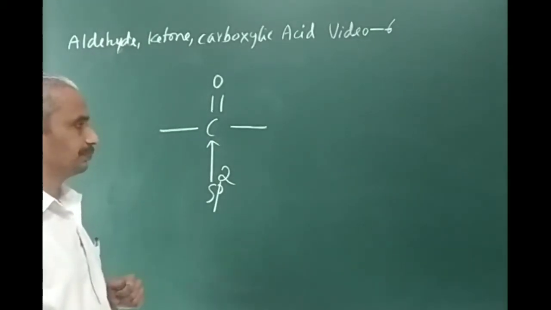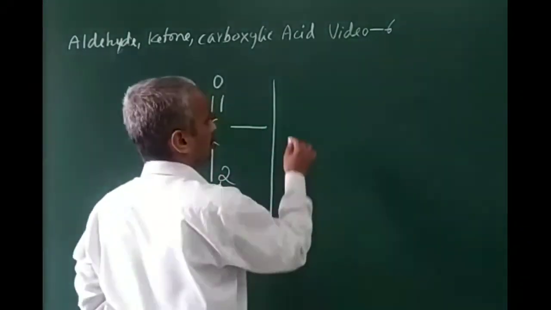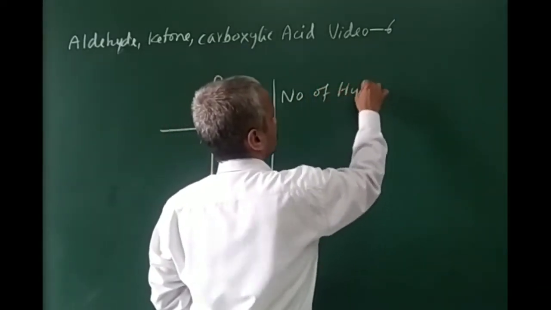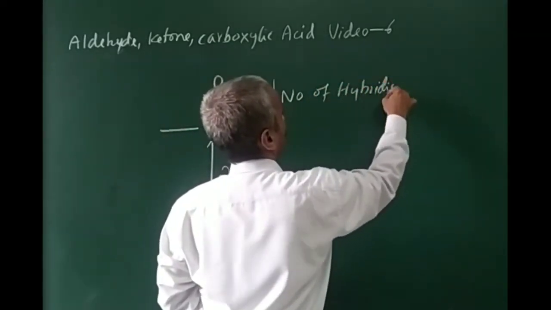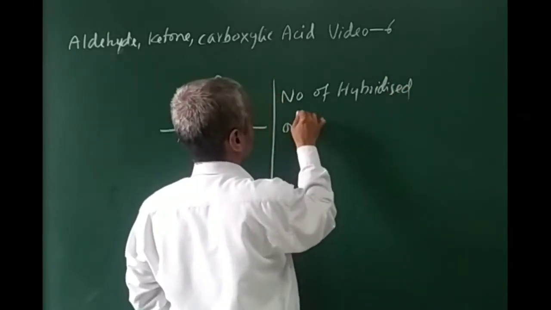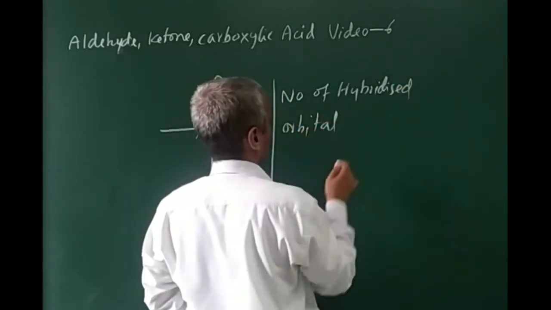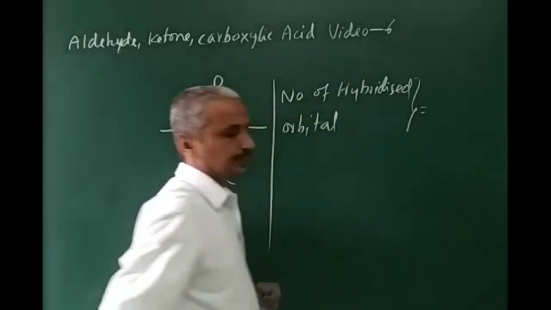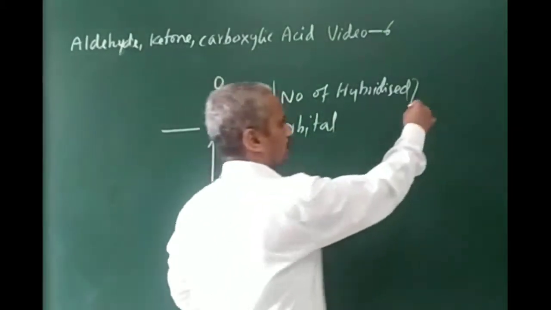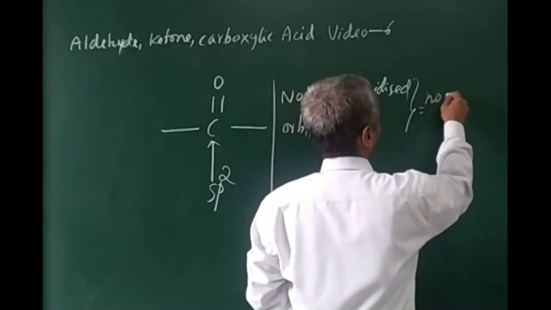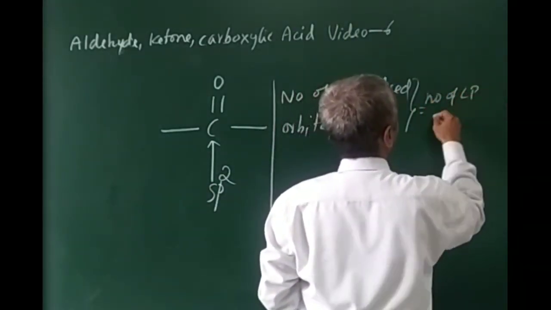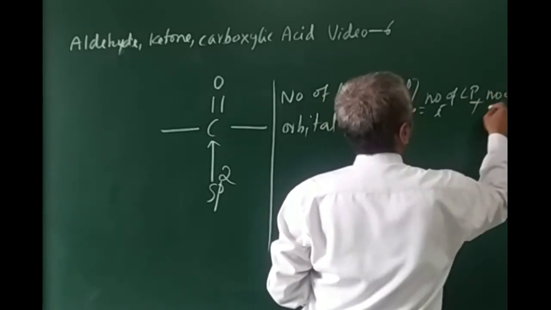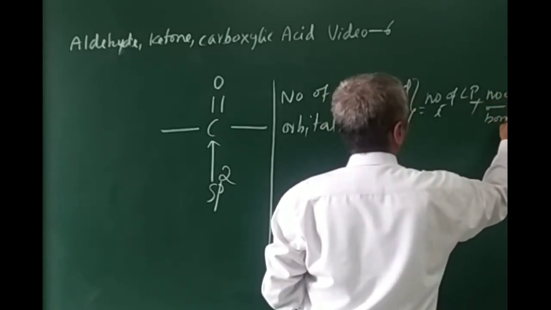What is the method? The number of hybridized orbitals is equal to the number of lone pairs of electrons plus the number of sigma bonds.